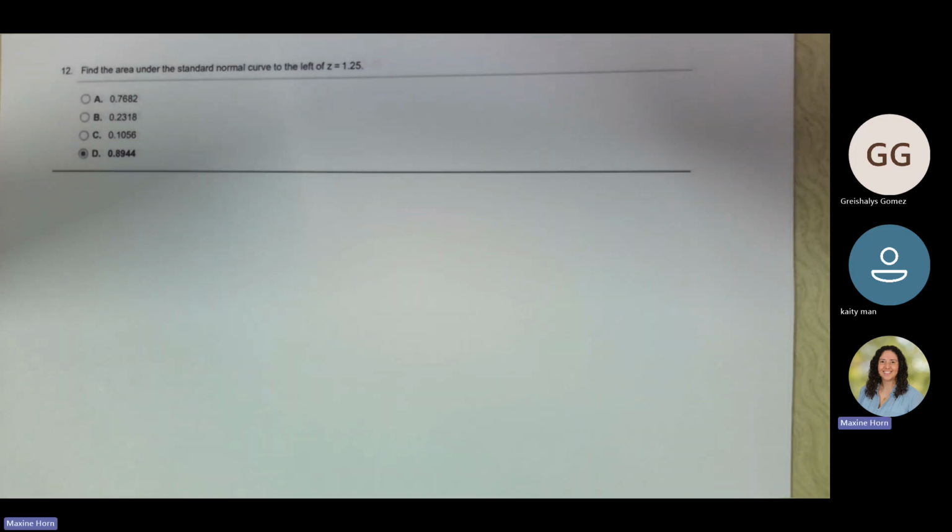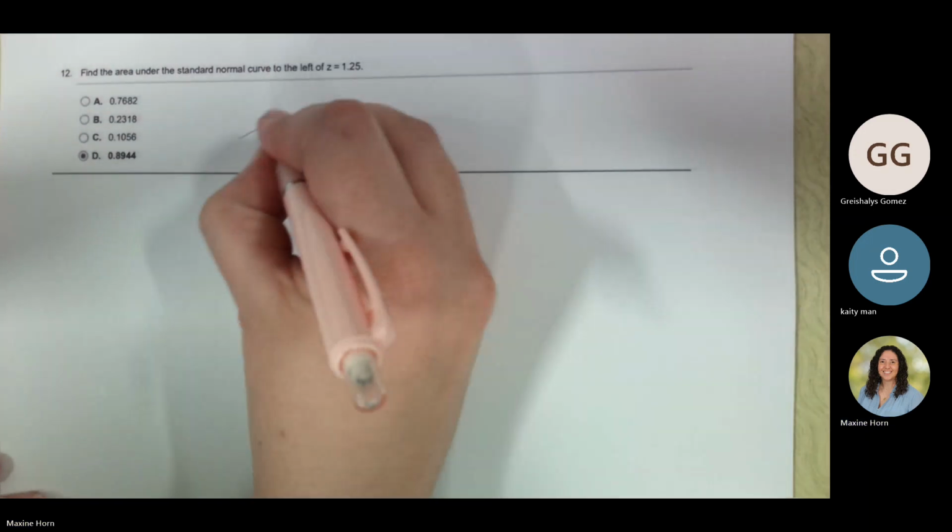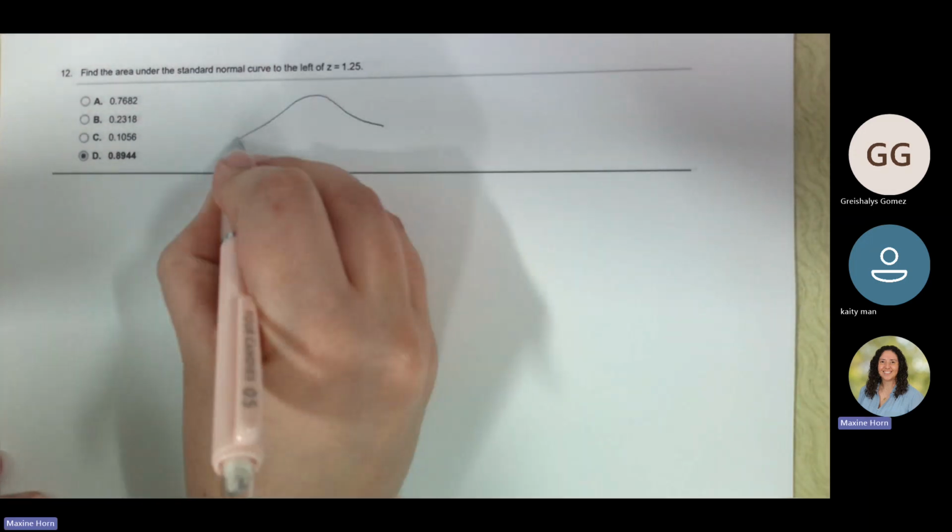Okay, number 12, find the area under the standard normal curve to the left of z is equal to 1.25. Okay, so let's talk about some things here. Let's talk about what this looks like.